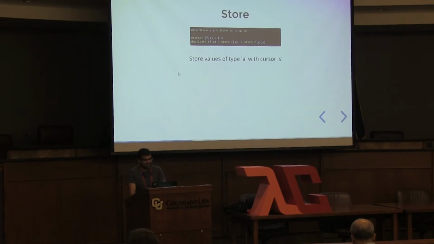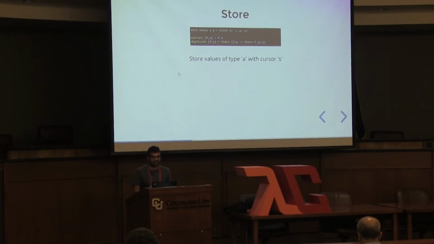Another comonad is the store comonad, and a store comonad is similar to a generalized map, like a hash map or a dictionary, where you have some function, a key to value mapping. Your keys are S, and your values are of type A, and then you have some point, some cursor, which is represented by a specific key.